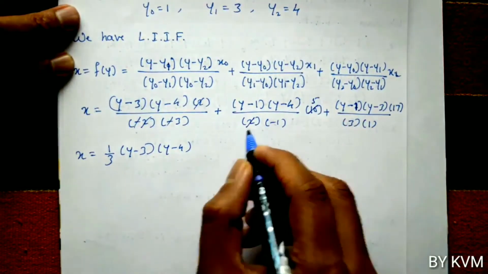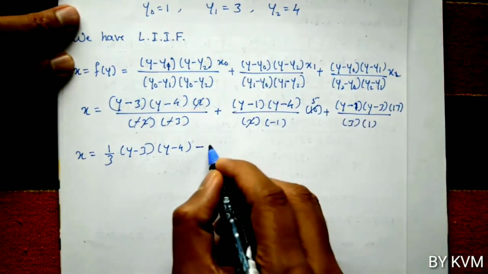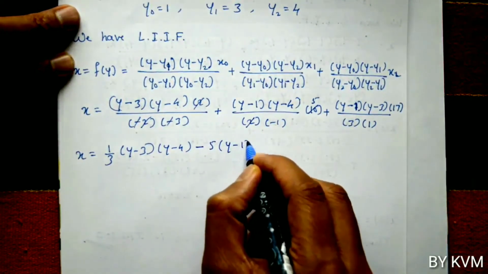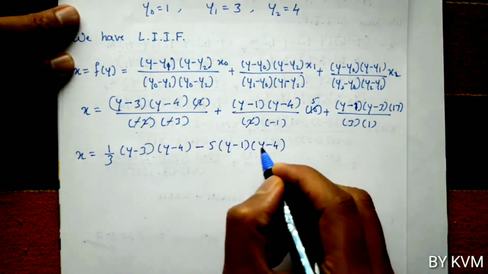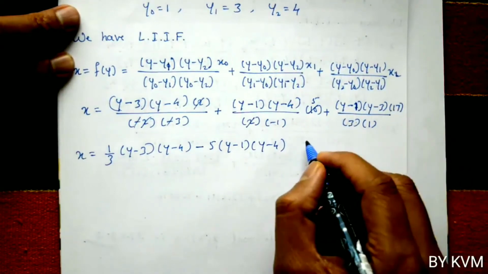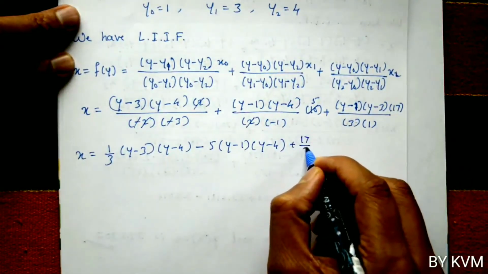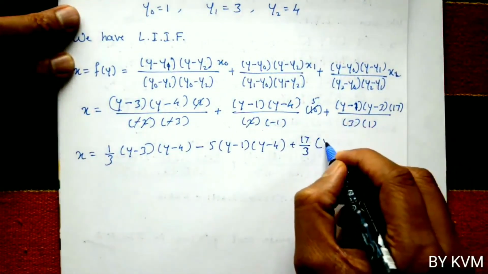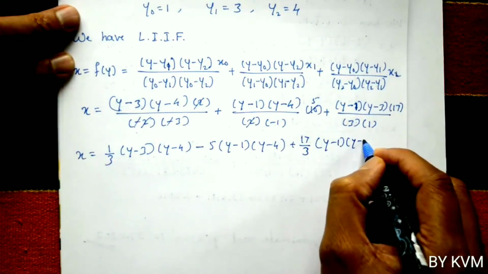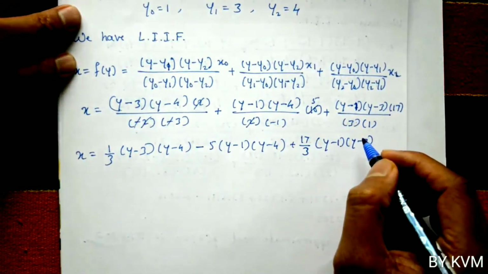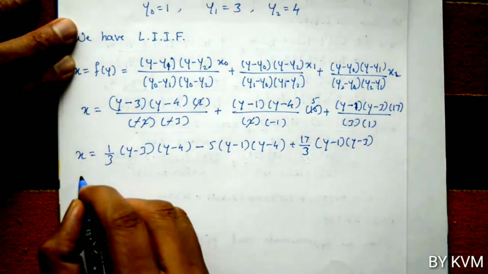Now in the second term 10 by 2, that is 5, plus into minus minus, so the remaining terms are minus 5 of y minus 1 into y minus 4, plus 17 by 3 into y minus 1 into y minus 3. Now we have to simplify further.